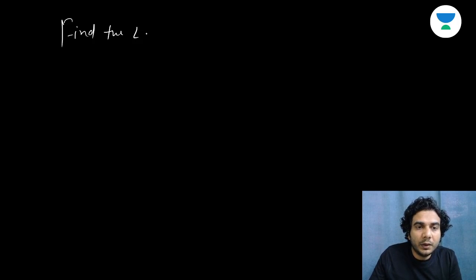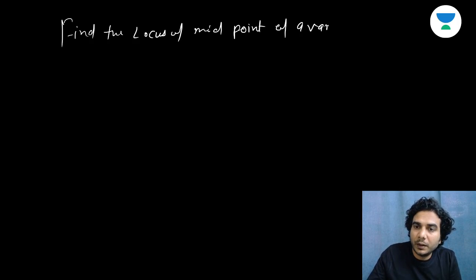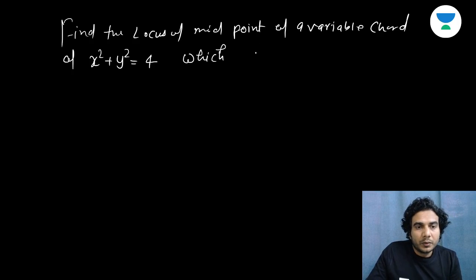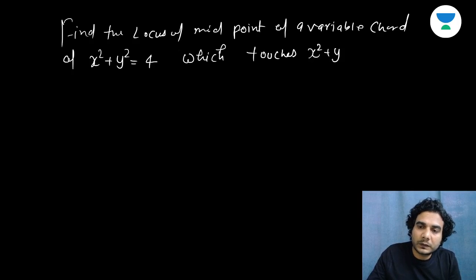Find the locus of the midpoint of a variable chord of x square plus y square is equal to 4, okay, which touches x square plus y square is equal to 1.